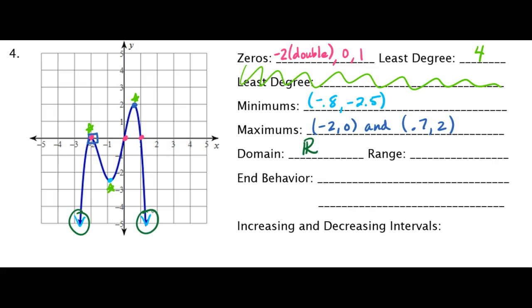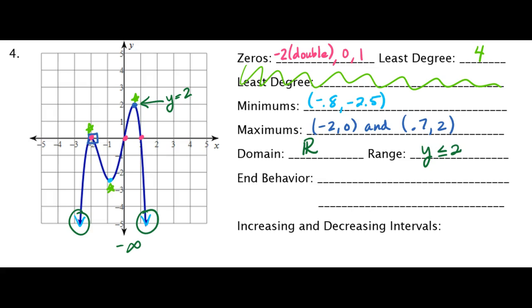In our case, the graph goes down to -infinity for the y values, but it stops right here at the y value of 2. So I have to write that my range is everything that's 2 or below. So I'm going to write that y is less than or equal to +2. So it could be 2 exactly, or it could be anything less than 2.